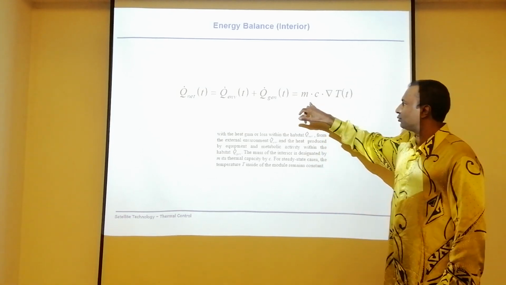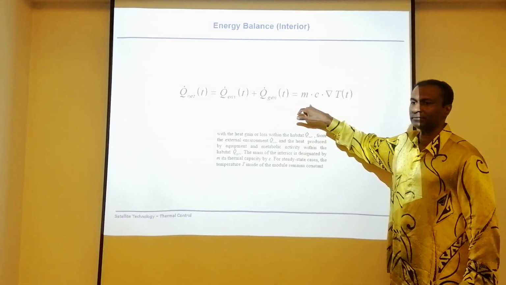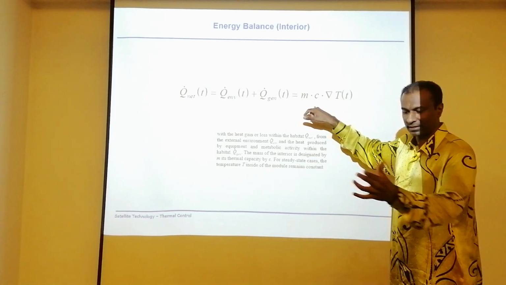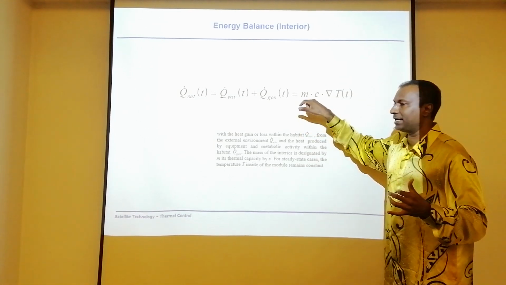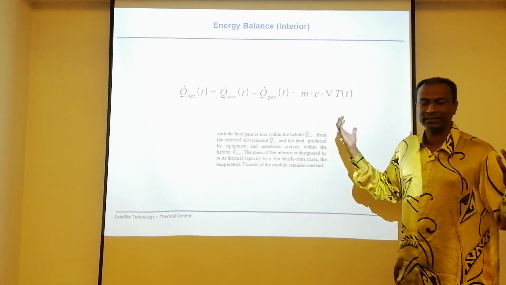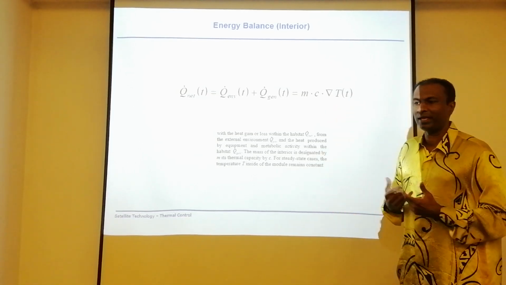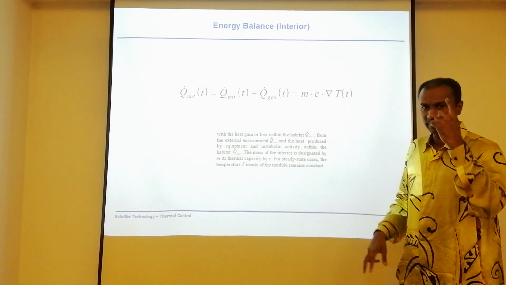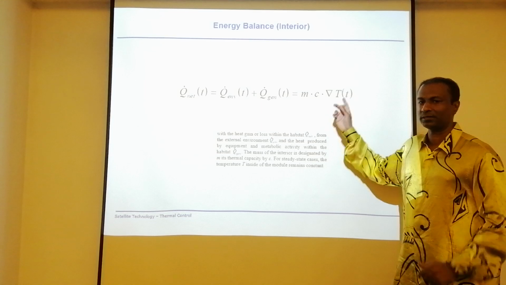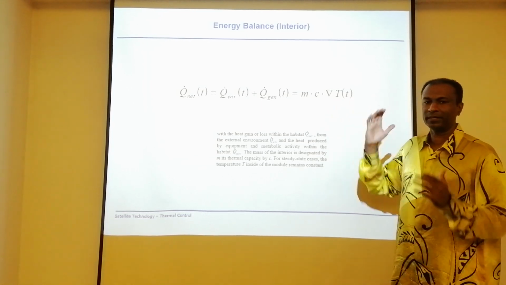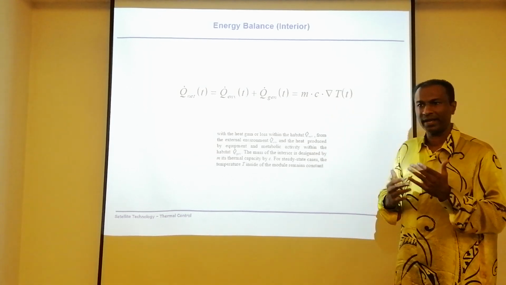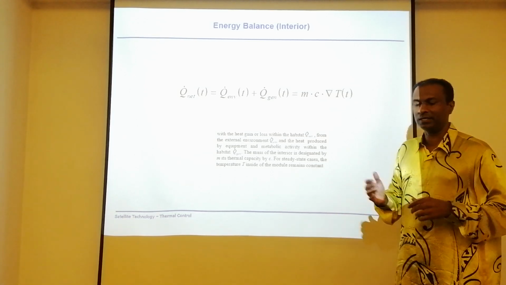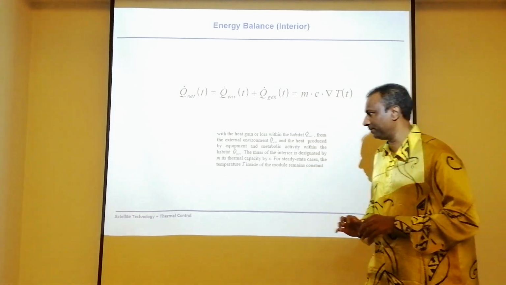So you want to see the actual heat involved in that particular structure, which is nothing but m c delta T. You should be able to find this. Remember, you can do this in 1 dimension or you can do it in 3 dimensions, that means x, y, and z. For numerical approaches, we can always calculate the 3 dimensional temperature variations.